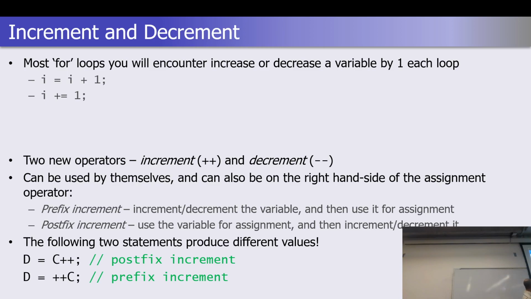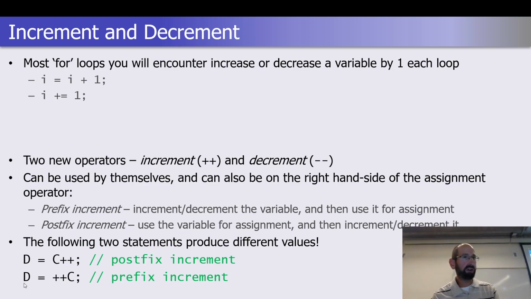I would argue the postfix is a much more common way we use this, but they're both valid. In postfix increment, we use the value of the variable for the assignment first, then we increment the variable. Whereas in the prefix increment, we increment or decrement the variable first, then we use that updated variable for assignment.